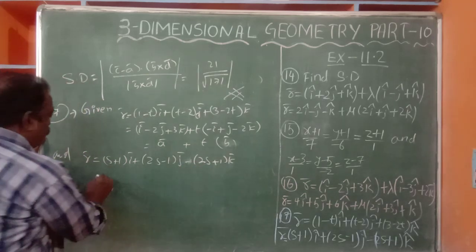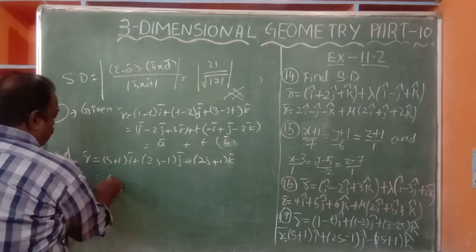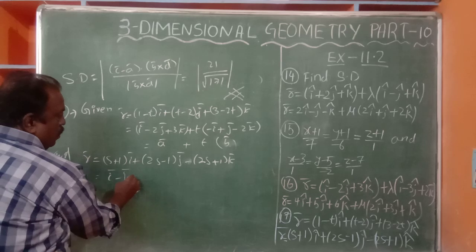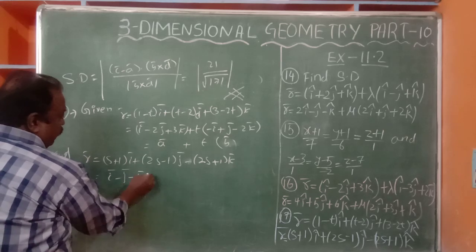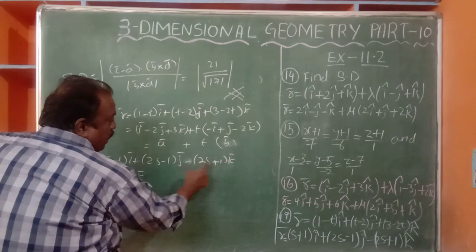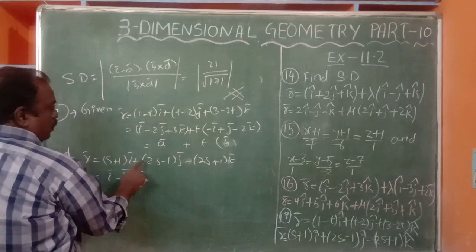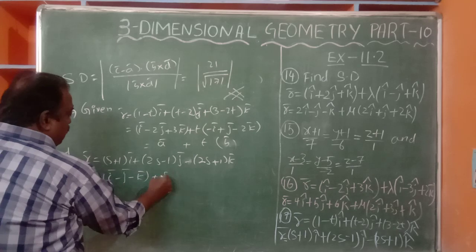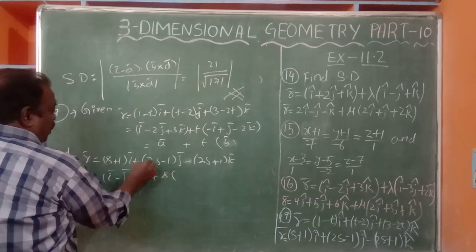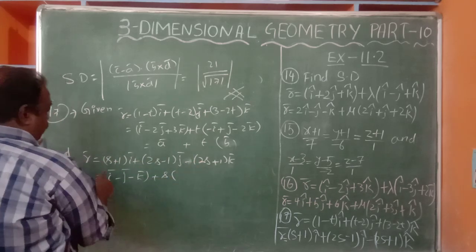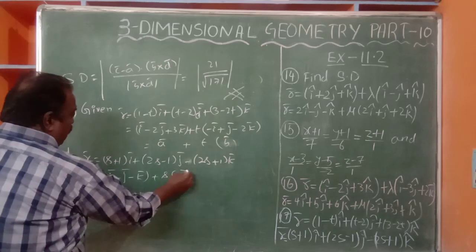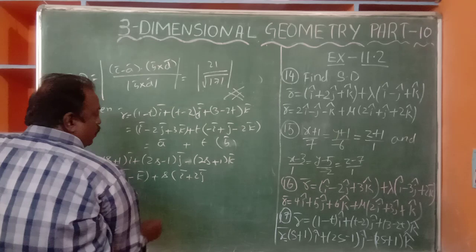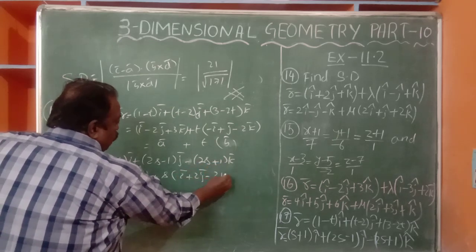First, 1i, that is i, minus j, minus k. Minus 1 into k is minus k. Be careful, this is minus j. Plus s of i, plus s of 2j, minus 2k.